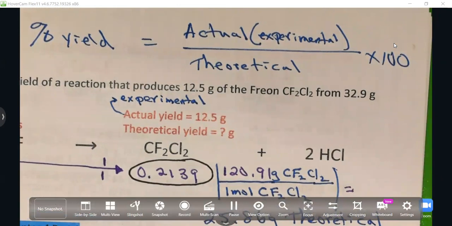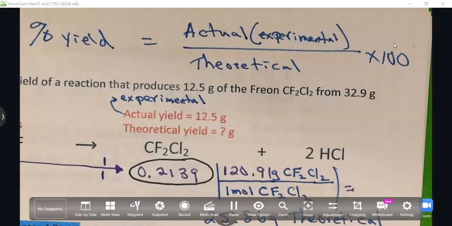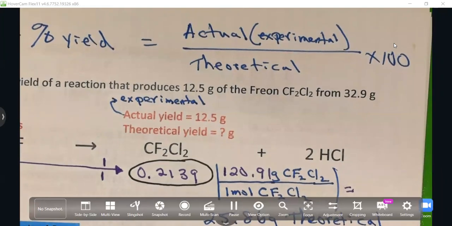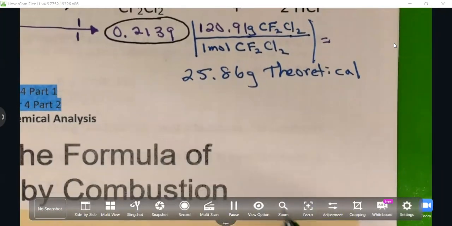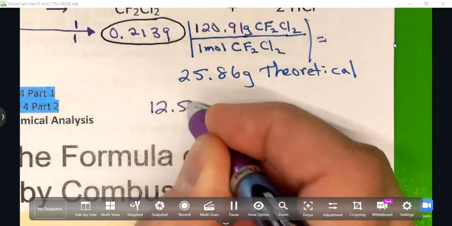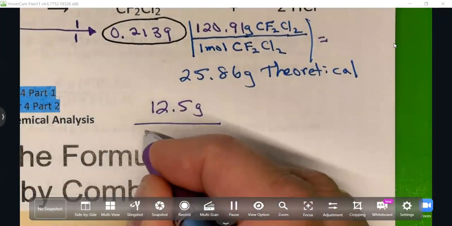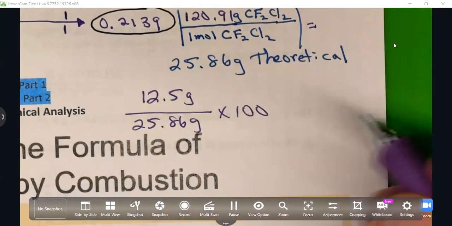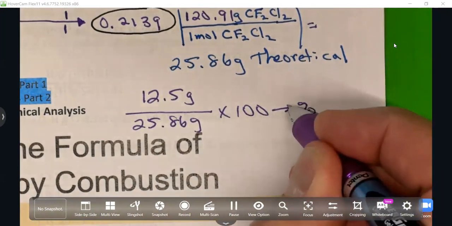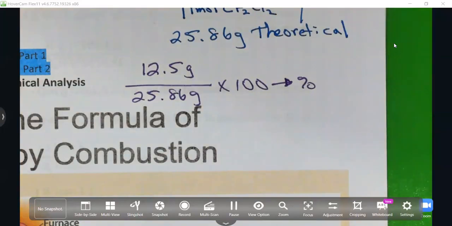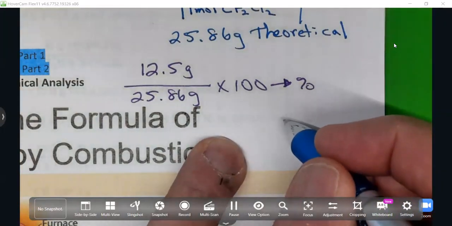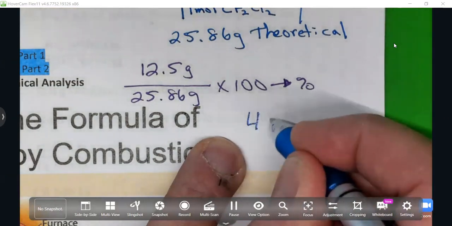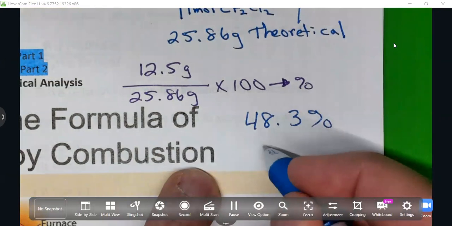So my percent yield is going to be 12.5 grams divided by 25.86 grams. I'm going to multiply by 100. And I'm going to add the percent sign. If I do that, I am going to get 48.3%.